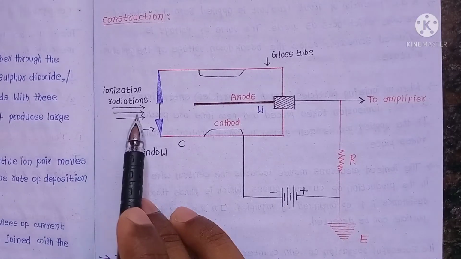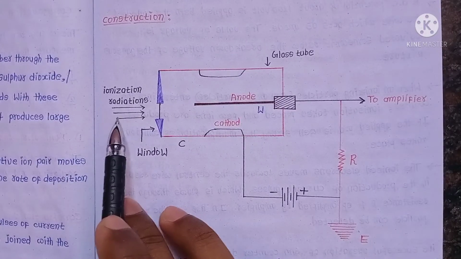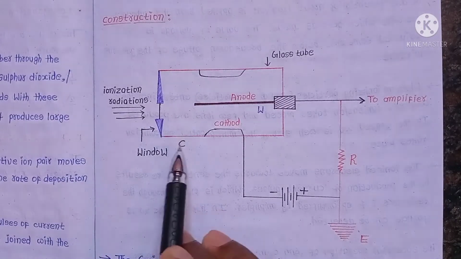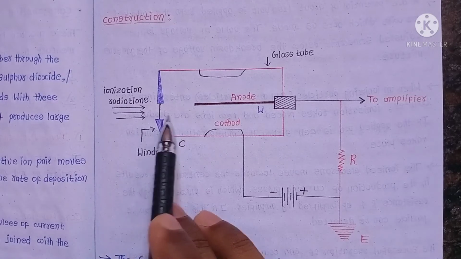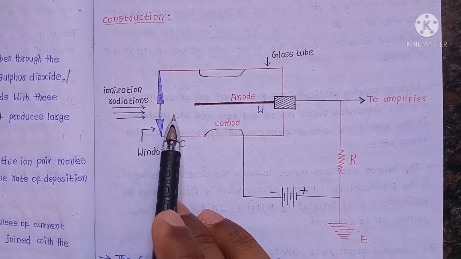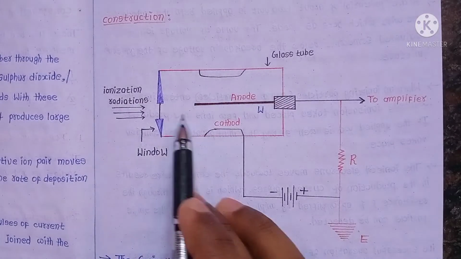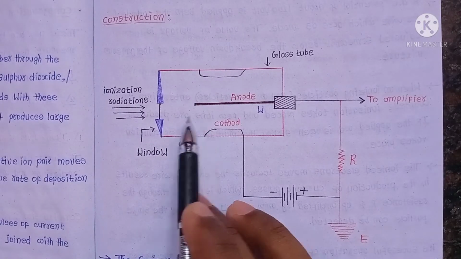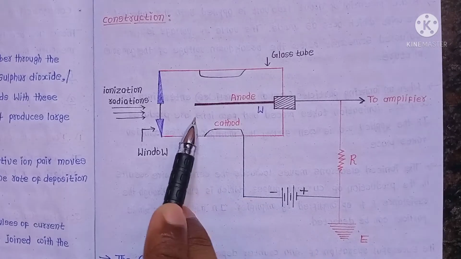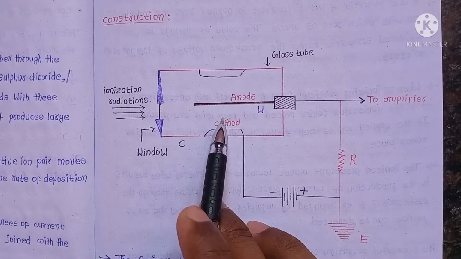When the ionizing radiation or radioactive radiation enters the metallic cylinder C through the mica sheet provided, which provides the path for entering of the radiation inside the chamber, this radiation collides with the gases, that is 90% argon and 10% ethyl alcohol.